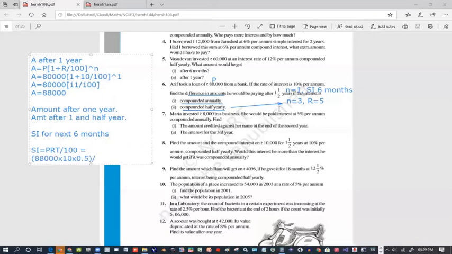Divided by 100. So SI you will get after calculation: 4,400. You can write 1 by 2, so 44,000 divided by 100. After dividing, you will get 4,400. Simple interest is 4,400.